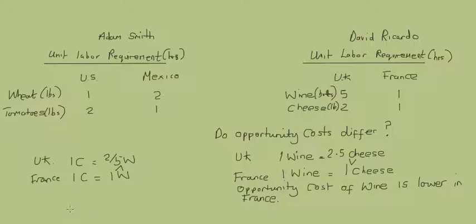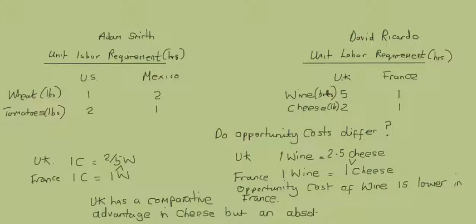So because opportunity cost differs, the UK has a comparative advantage in cheese because it has a lower opportunity cost of cheese, but an absolute advantage in nothing. It doesn't matter. As long as opportunity costs differ, there is a basis for trade.